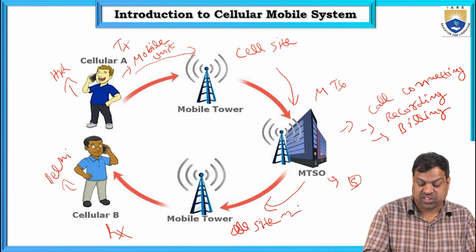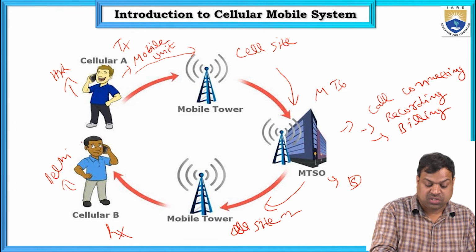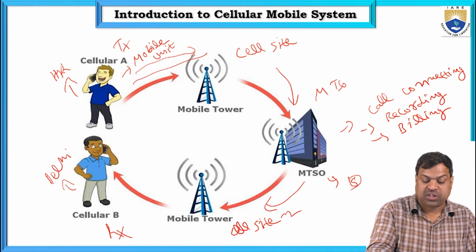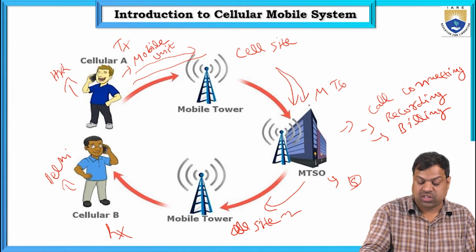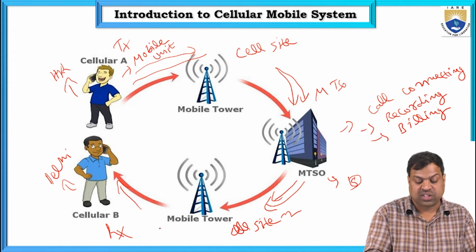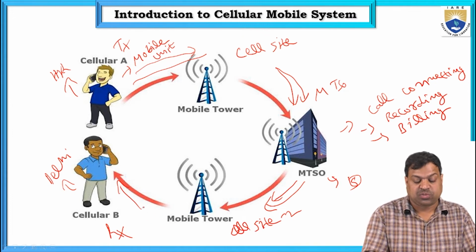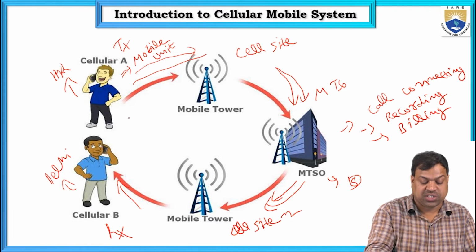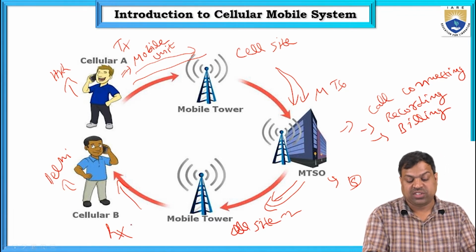So the communication between the transmitter and receiver means mobile unit to cell site to MTSO, MTSO to cell site again, to mobile unit. He is the receiver. This person is a transmitter and this person is the receiver. This is a transceiver.